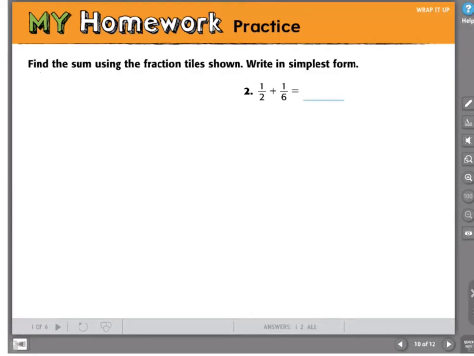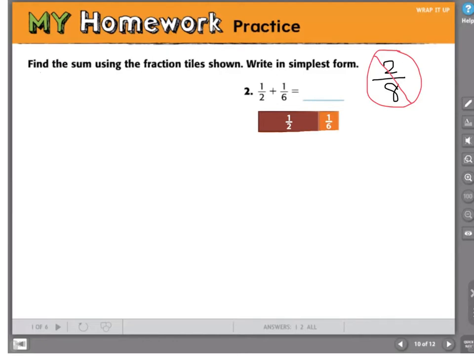I want you to know for a fact that the answer is not 2/8. This is a no. So, what is it that we should do? Well, first, we are going to find a 1/2 and a 1/6 fraction tile and lay them down together.